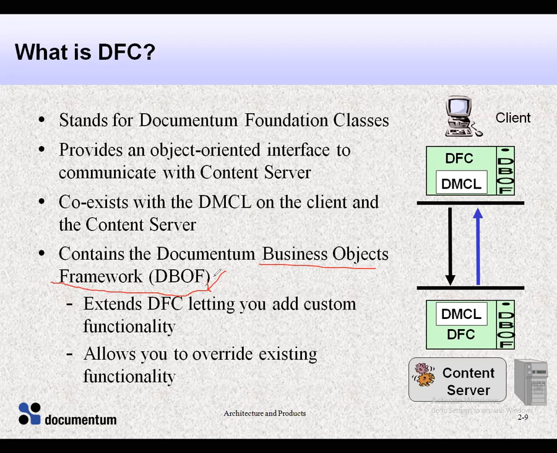What kind of functionality? For example, if you are importing a document, the document should have a particular nomenclature. Let's say there is an HR department, and any document uploaded to the HR folder should have the name HR, then a hyphen, then a particular date, then a hyphen, or a business unit, like this.